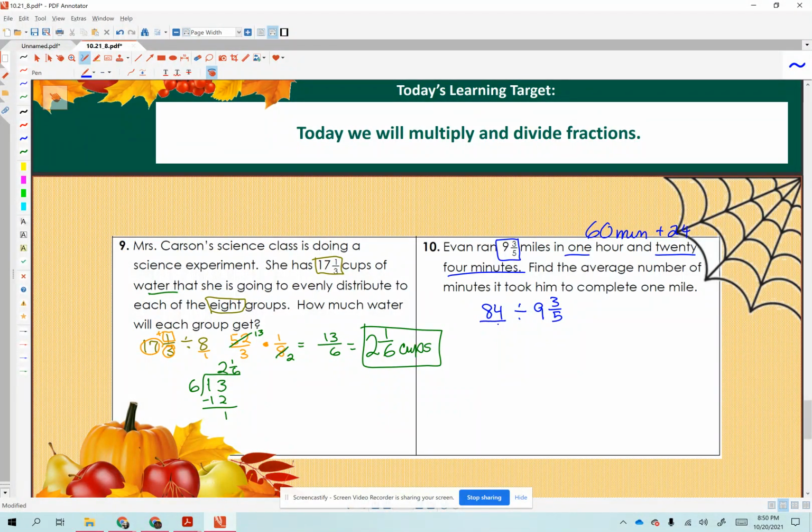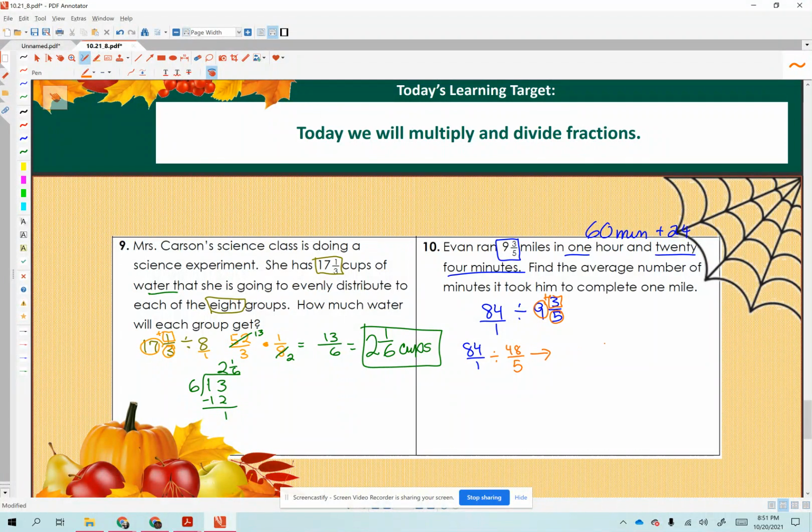So we will put a 1 under the 84. So our first fraction will be 84 divided by 1, and then we will convert 9 3/5 to an improper fraction. 9 times 5 is 45, plus 3 is 48/5.